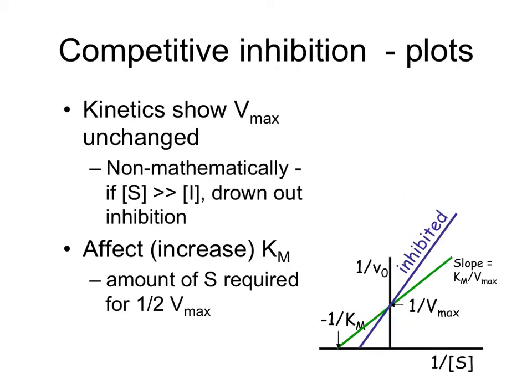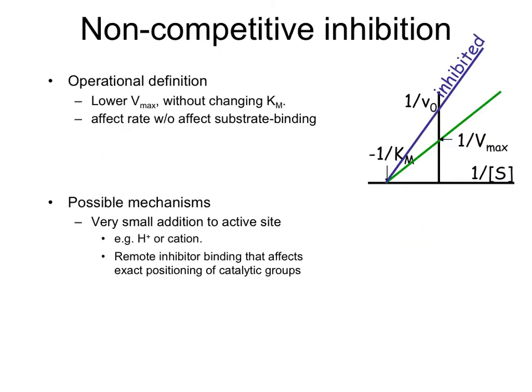So here's an example of competitive inhibition. Shown here in green is the normal kinetics, and what happens in competitive inhibition is that the Vmax is unchanged, yet the Km is changed. So you have an increase in Km occurring in competitive inhibition.